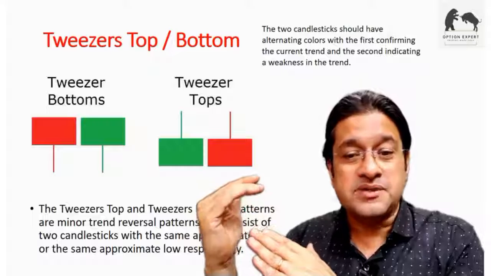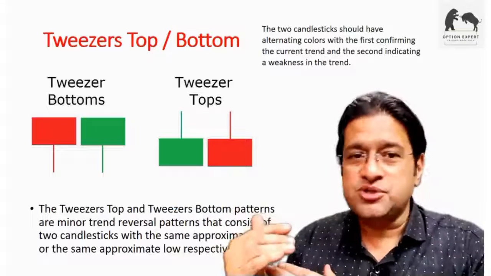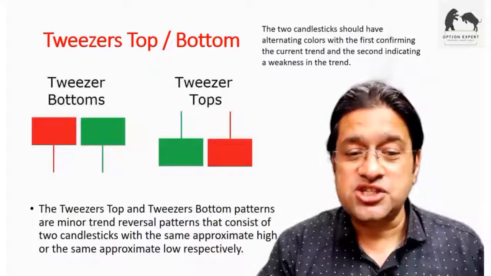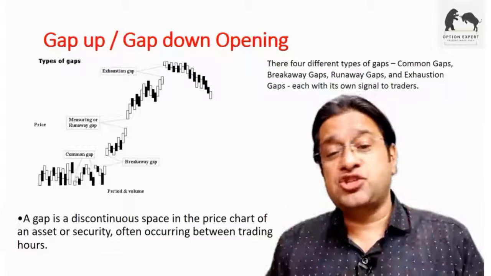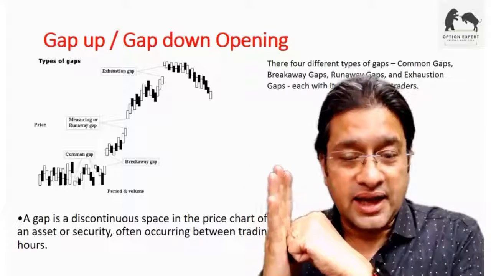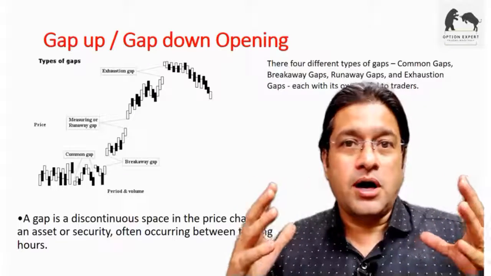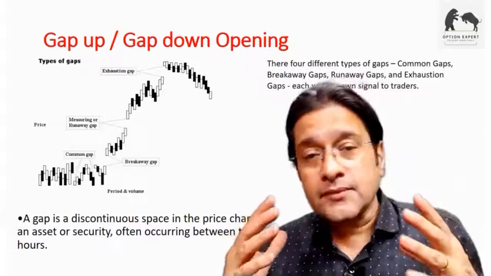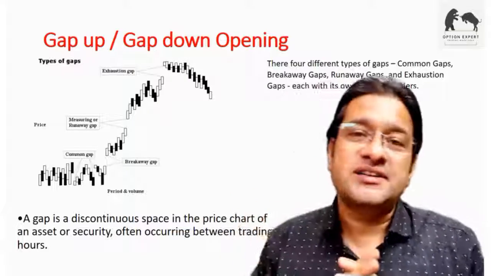If the follow-up candle is way below, it confirms weakness. We find tweezers most often, but these are minor trends. Unlike an engulf or a harami, which are more definitive, these are small trend changes.